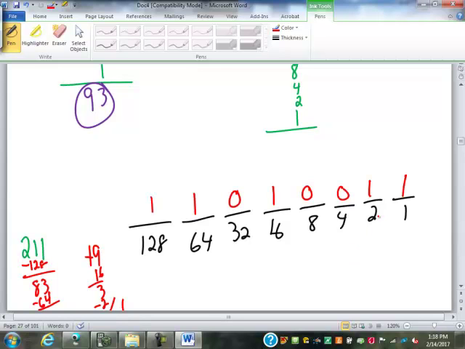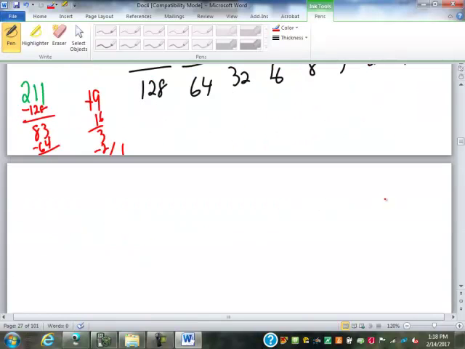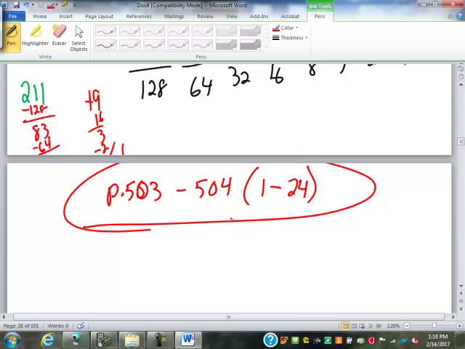So for your homework for tomorrow, on page 503 to 504, I want you to work on 1 through 24. So you're converting from decimal, and actually we're not even going to bother with, we're going to do 9 through 24.